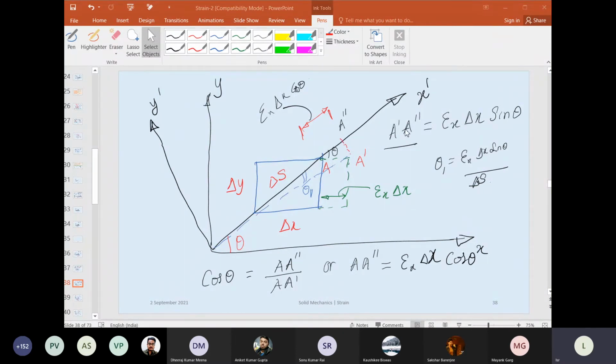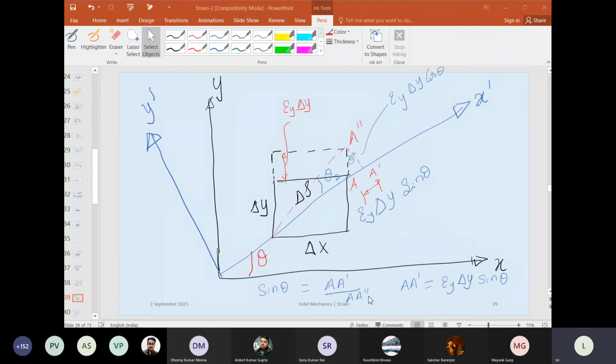So this will be, then immediately I will get, similarly when I do this, A double dash, I project it to X prime axis.